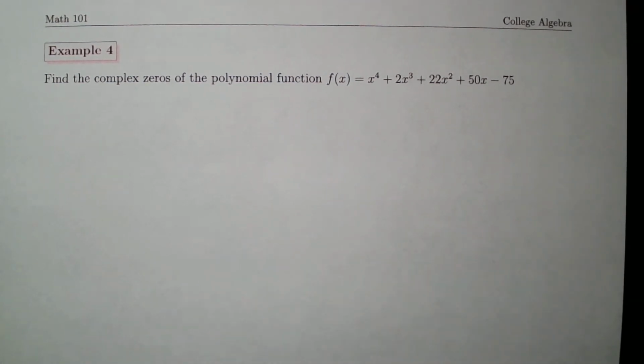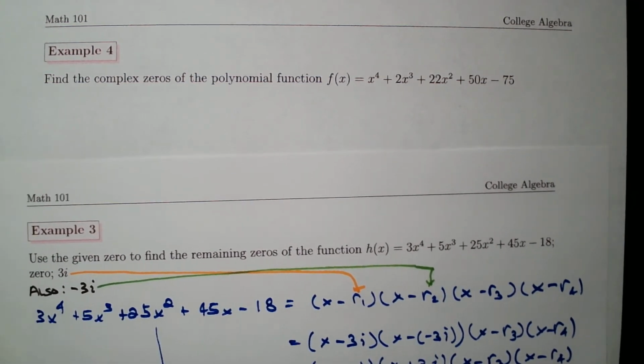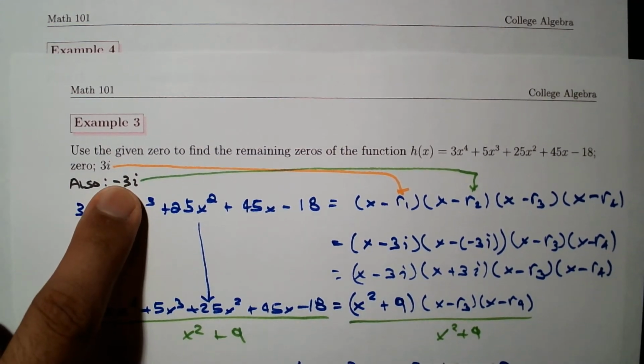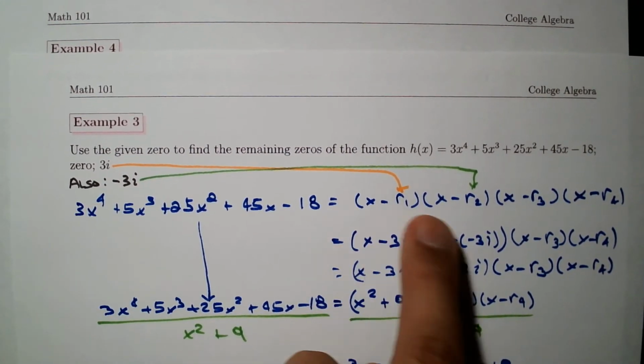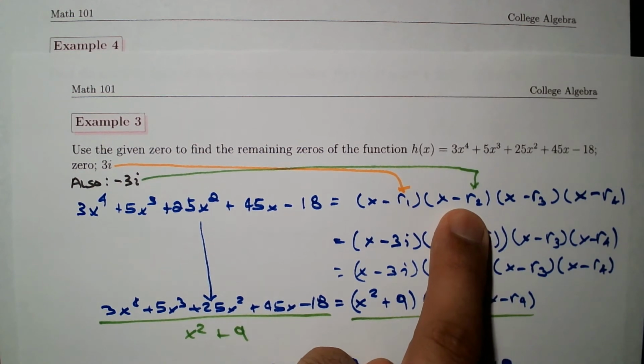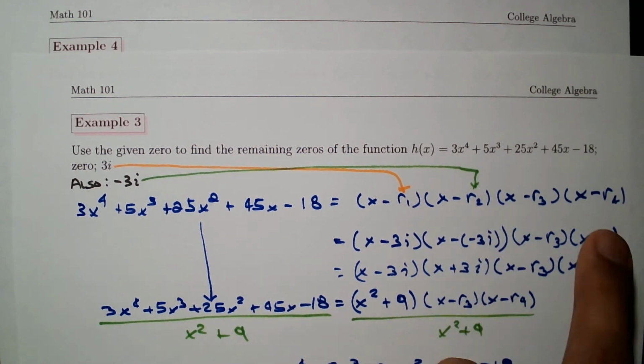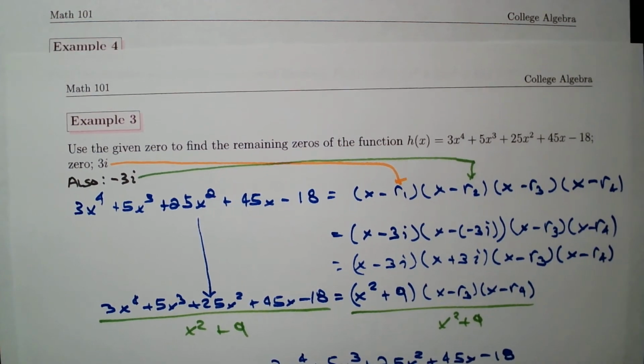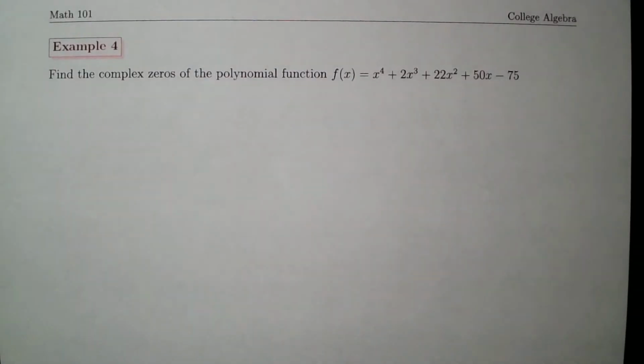For example, on the previous example, they gave us a hand by giving us one of the complex zeros, so we get that the second zero is the conjugate. We need to use that information to get the other zeros.